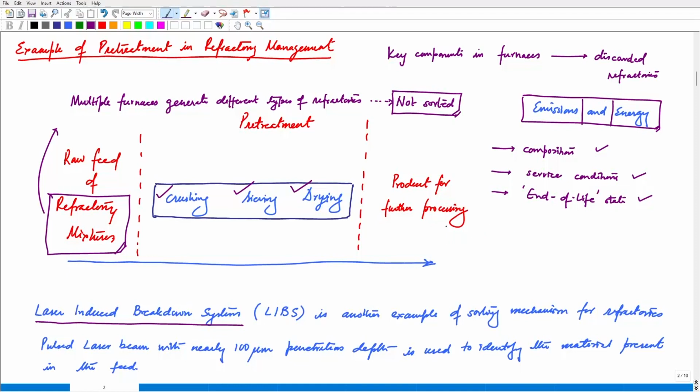So, supposing that we have identified a given type of refractory material, now we can think of reusing it in its initial application.